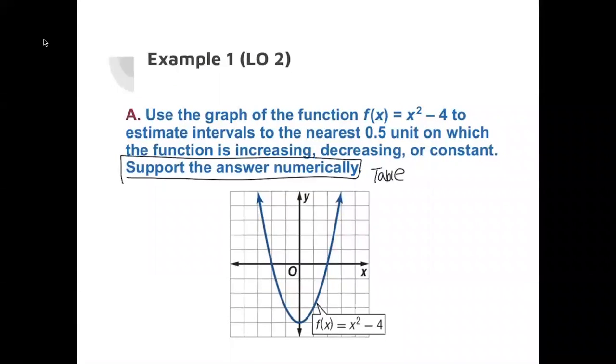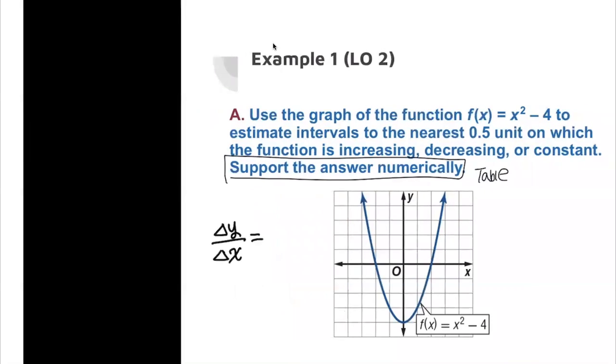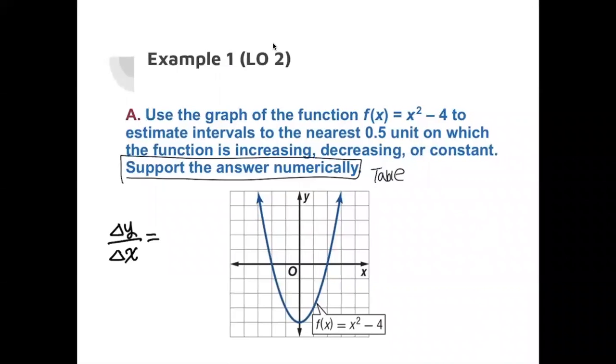Okay, now let's look at the graph first. I told you that it is decreasing when what? The rate of change of y and the rate of change in x. In this scenario, if change in y is negative and change in x is positive, then we call this decreasing.